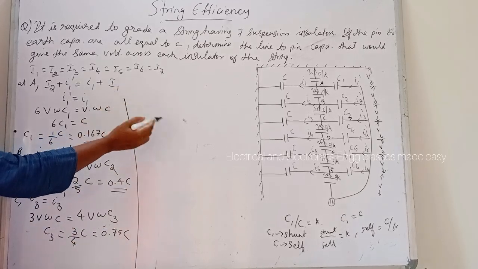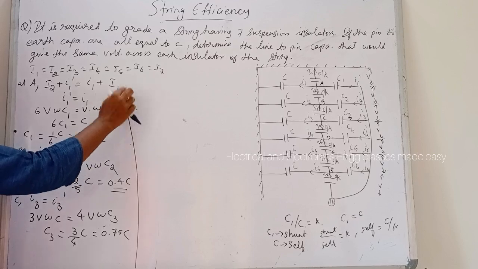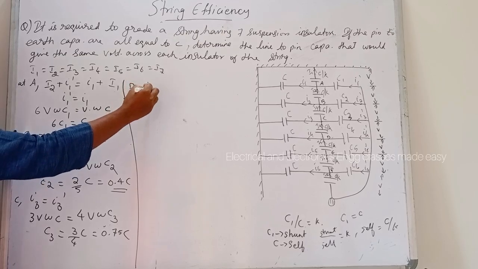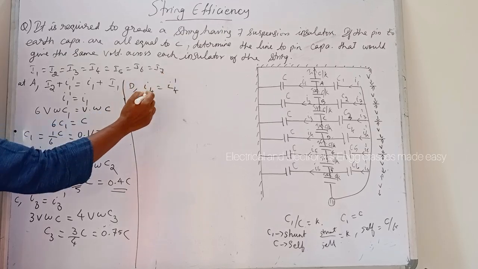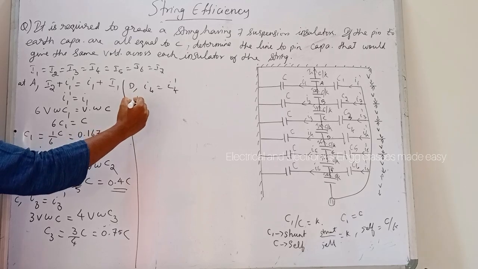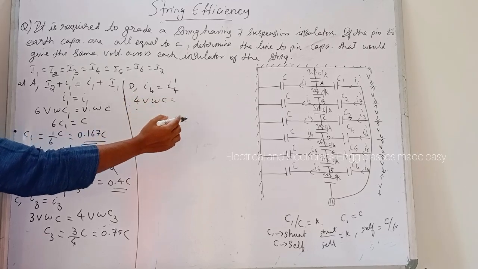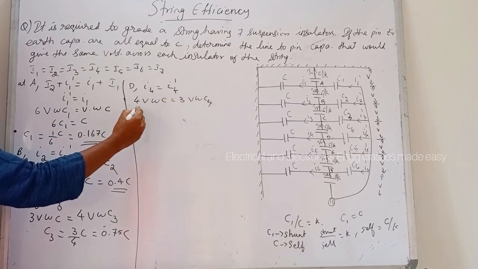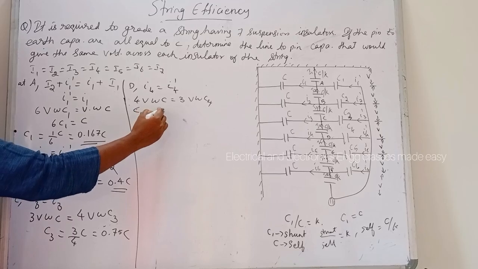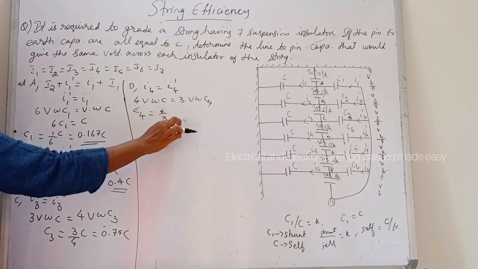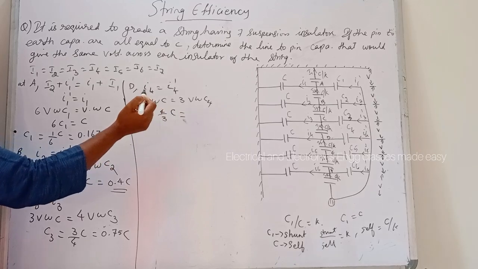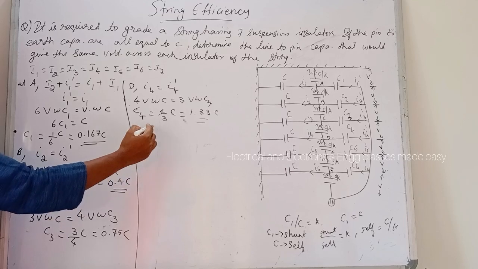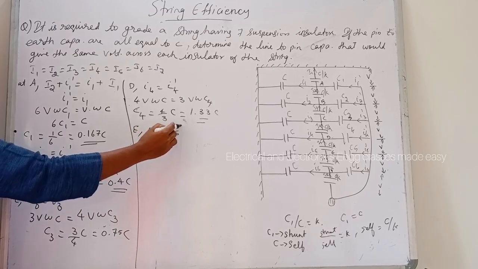Similarly, at junction D, we will get I4 is equal to I4 dash. So I4 is equal to 4V omega C, equal to 3V omega C4. So C4 is equal to 4 by 3 C, and that is equal to 1.33 C. Similarly, at junction E, we will get I5 is equal to I5 dash.